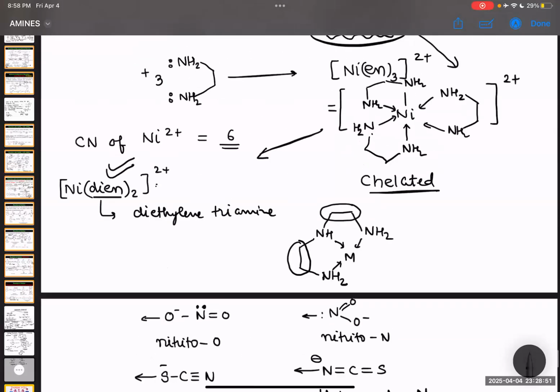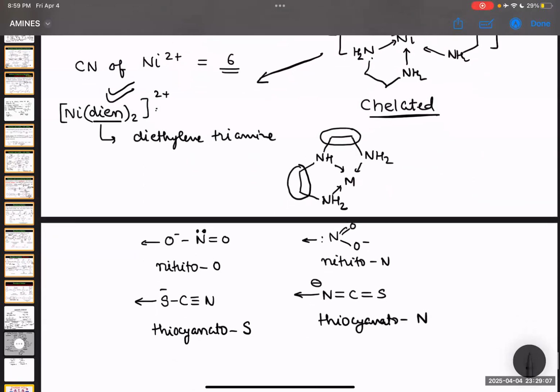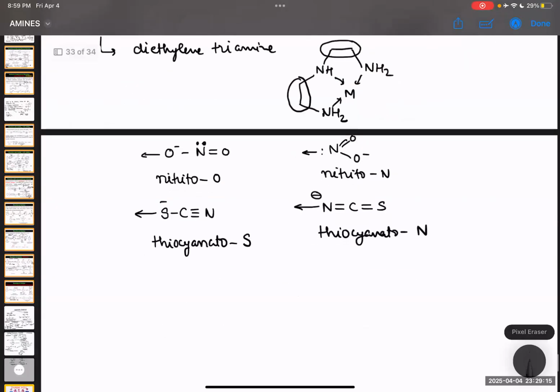So these are ambidentate ligands, not polydentate. They are monodentate only, but they can donate the one lone pair in more than one way. Got it? Cyanato is OCN. OCN is cyanato. NCO is isocyanato.